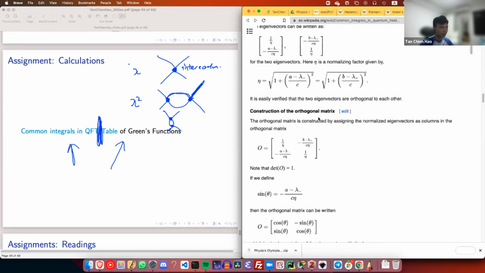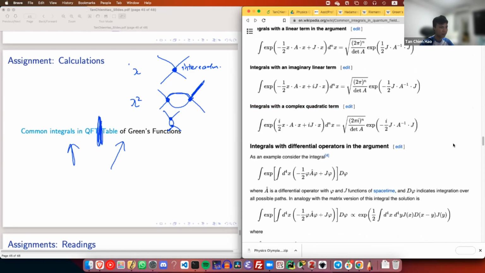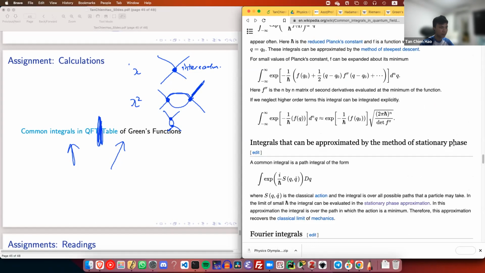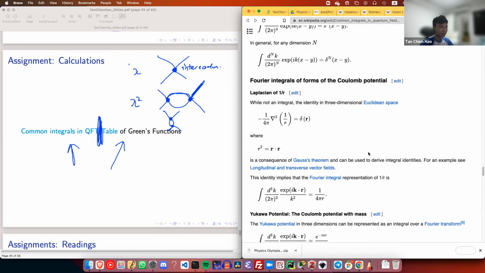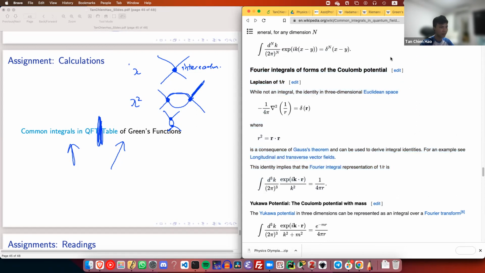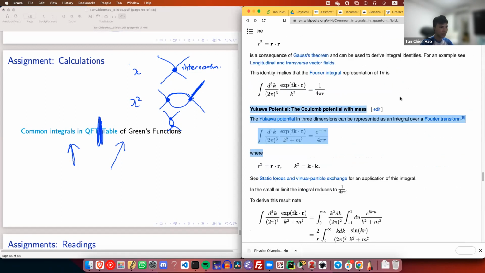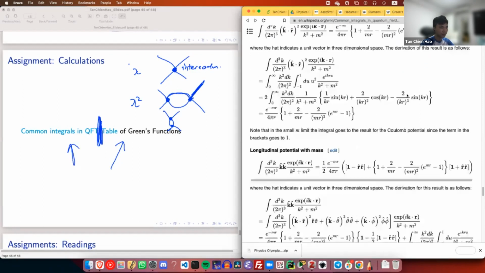Then our Dirac delta integrals are also good to work through because they are used very extensively. Doing things in Fourier space, these are all useful. Coulomb potential, Yukawa potential, these are all good.